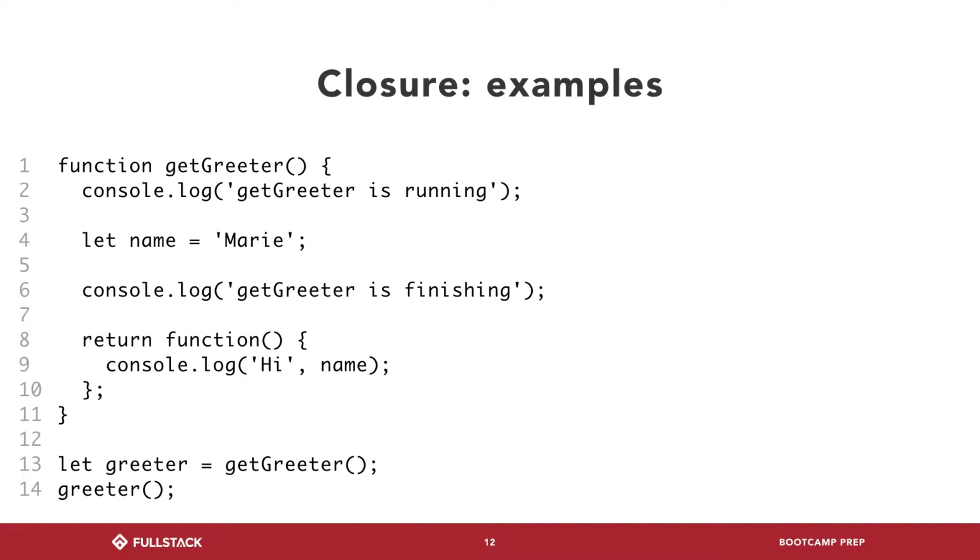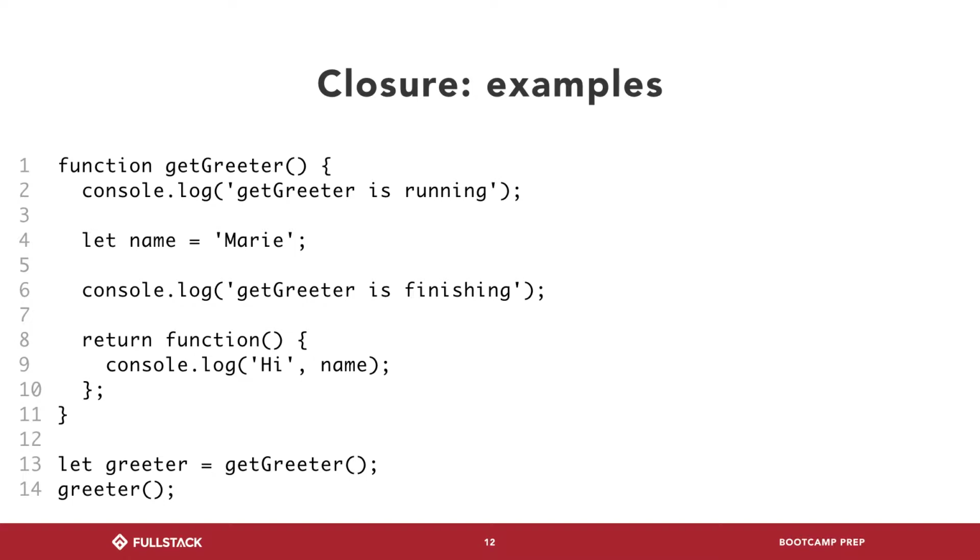What happens when I run greeter on line 14? Let's just go with, give me a list of everything that happens when I run line 14. So it's going to go to greeter. It's going to say this is a function. And then it's going to see what the value is. The value is going to be the function getGreeter.